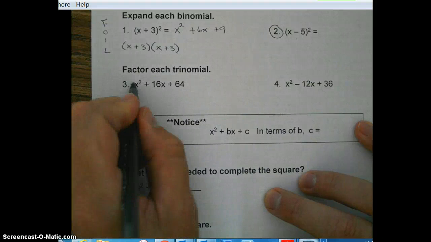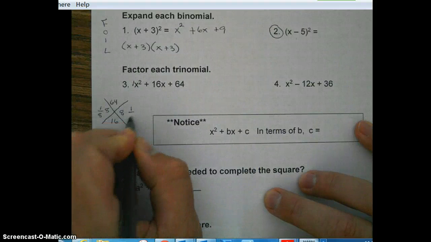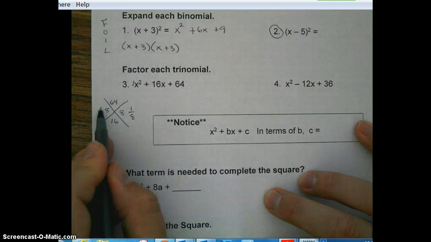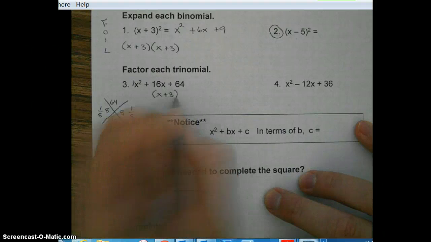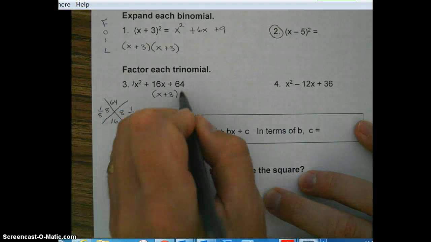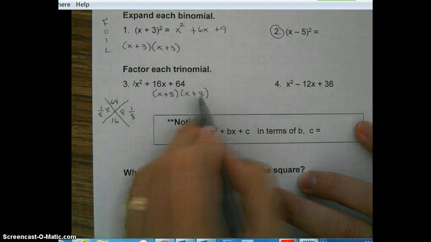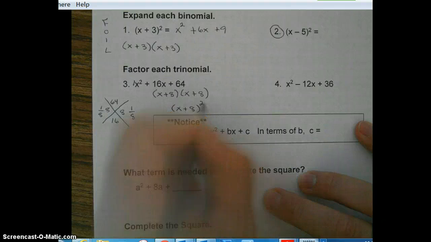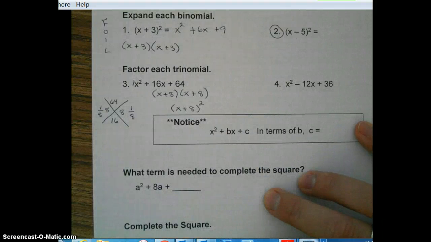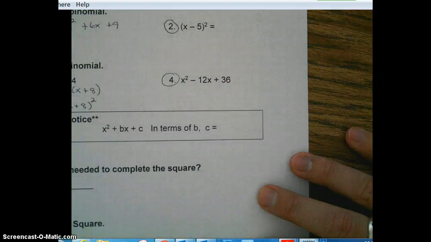So don't forget, we put the a value over each factor. So we get 1x plus 8 times 1x plus 8. And since they're the same, we can write it like this. Okay? Why don't you try number 4?